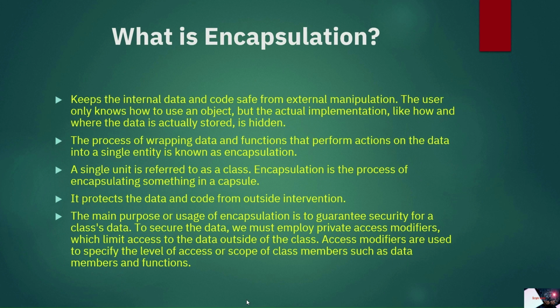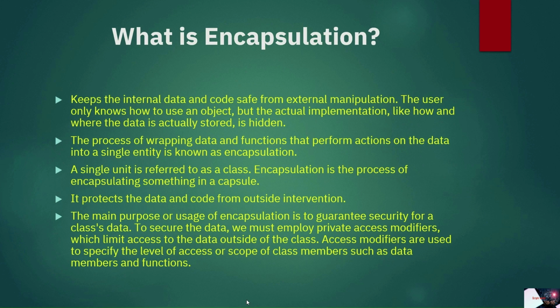It protects the data and the code from outside intervention. The main purpose or usage of encapsulation is to guarantee security for a class's data. To secure the data, we must employ the private access modifier, which limits access to the data outside of the class.